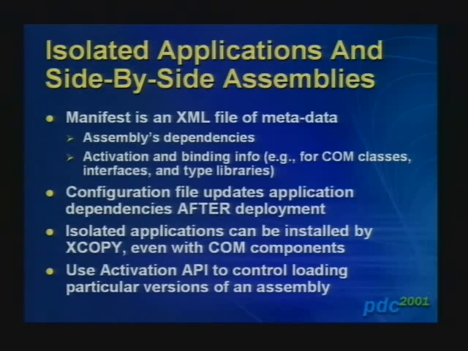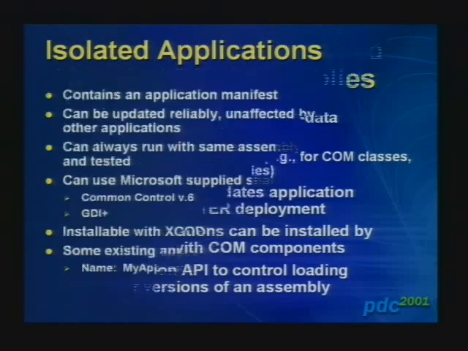So I can have 2 applications, and each have basically the same COM control, but one is a newer version. I wouldn't worry about who's updating that. I'm fully isolated. And if you need additional control over particular versions, there's a set of APIs called Activation API that lets you say, hey, I'm actually dependent on this version versus that version.